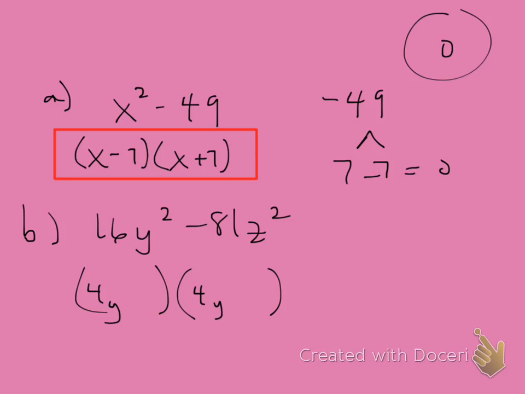What's the square root of 81? And the square root of z squared? Z. So I'm going to put a 9z here and a 9z here. One has to be positive, one has to be negative. Let me just finish because we're running out of time. That's your difference of squares. Okay? Any questions on that?